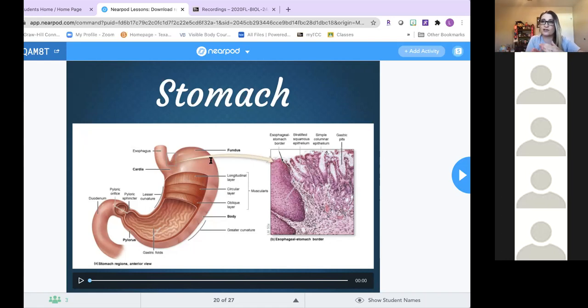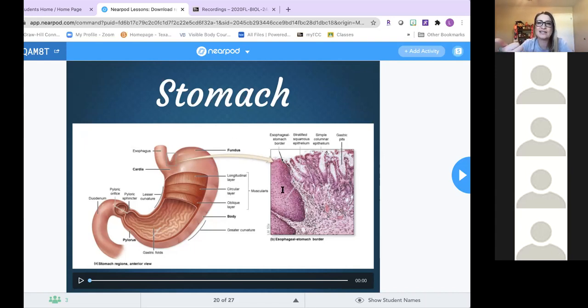The outer is the greater curvature and the inner is the lesser curvature. These are places where the greater and lesser omentum are going to originate. The empty stomach would have prominent gastric folds, and this allows for stretching of the stomach when the food enters. So you can see the gastric folds on this picture right here.